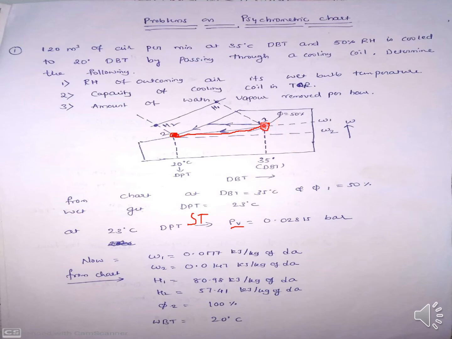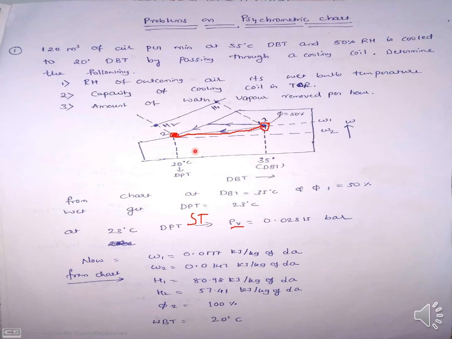One more is the enthalpy line. Draw a line perpendicular to the enthalpy line through point 1, and note down the enthalpy value where it meets. Similarly, draw the perpendicular line to the enthalpy line through point 2, so that you get the corresponding enthalpy at point 2.